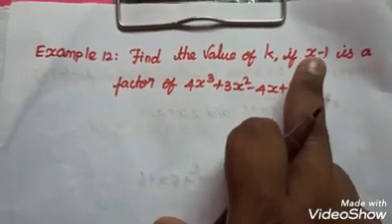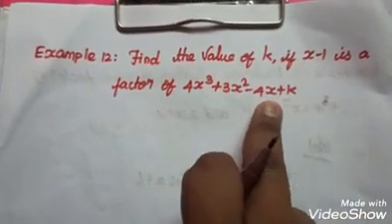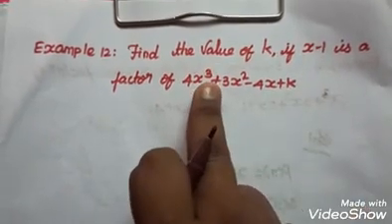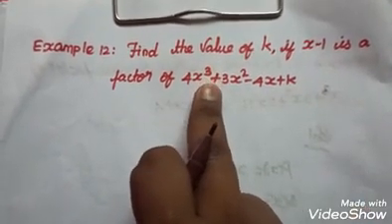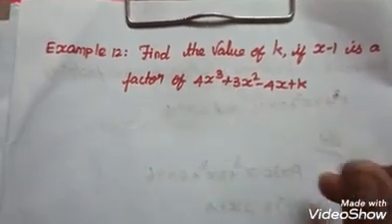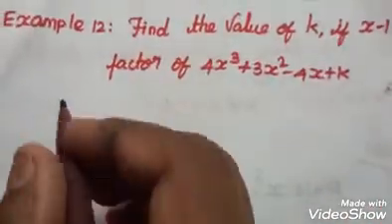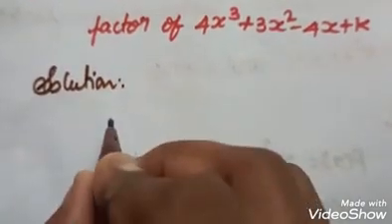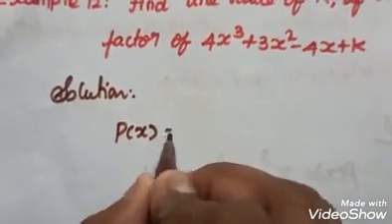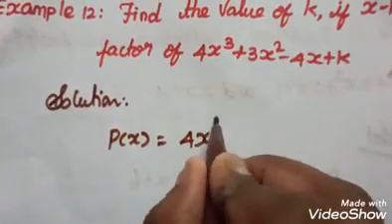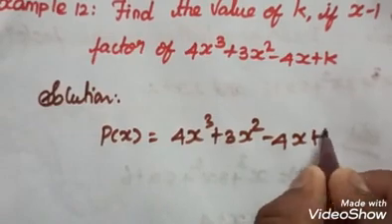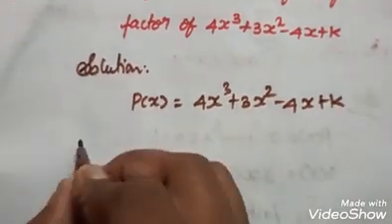Already we know that if I take this expression as p of x, and x minus 1 is a factor, then p of x is equal to 0. That means p of 1 equals 0. The solution: p of x is equal to 4x cube plus 3x square minus 4x plus k.